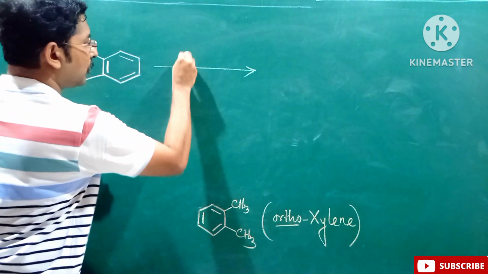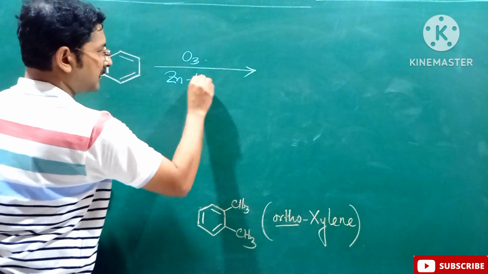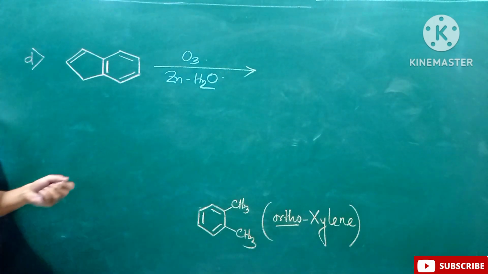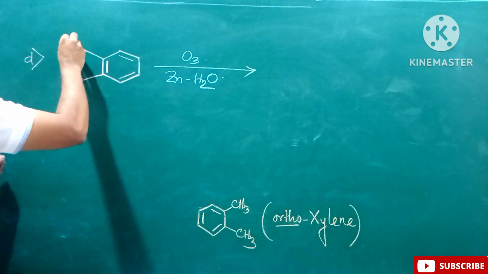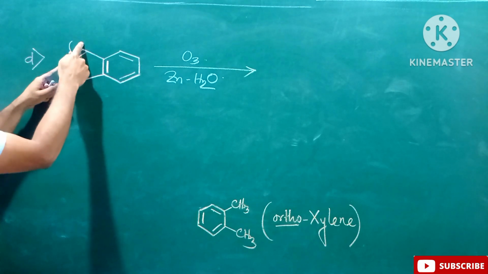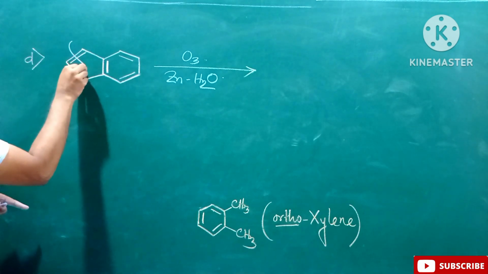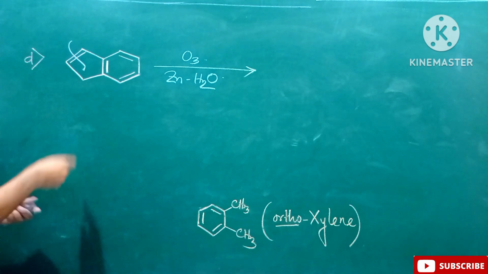So our reagent is O3 in presence of zinc and water. That is reductive ozonolysis, and on reductive ozonolysis we know this double bond will be broken and one oxygen will be attached by double bond and another oxygen will be attached by double bond.